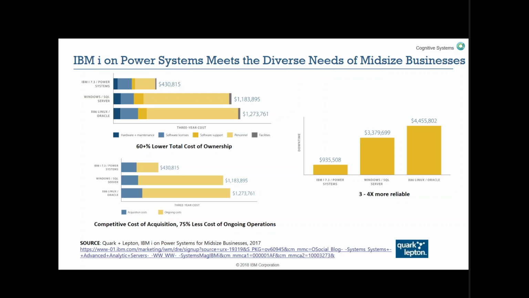They interviewed customers and showed that IBMI customers running on Power hardware tend to run with leaner staff, they don't fail, they're very reliable, and so they tend to cost less to run over time.